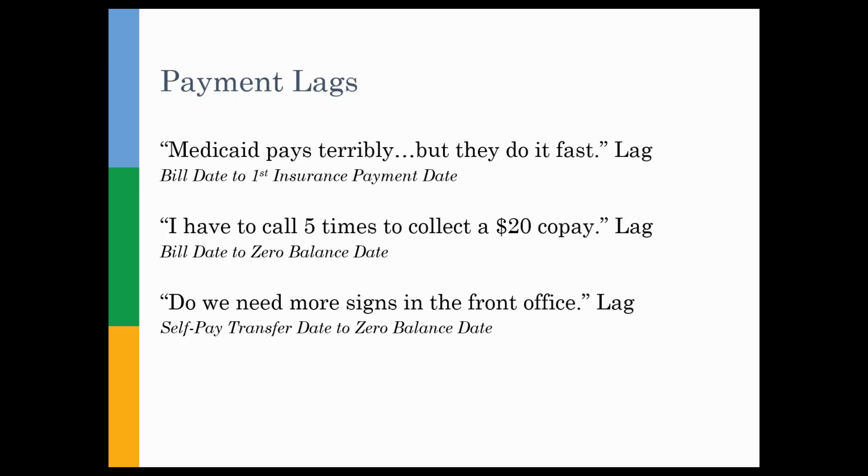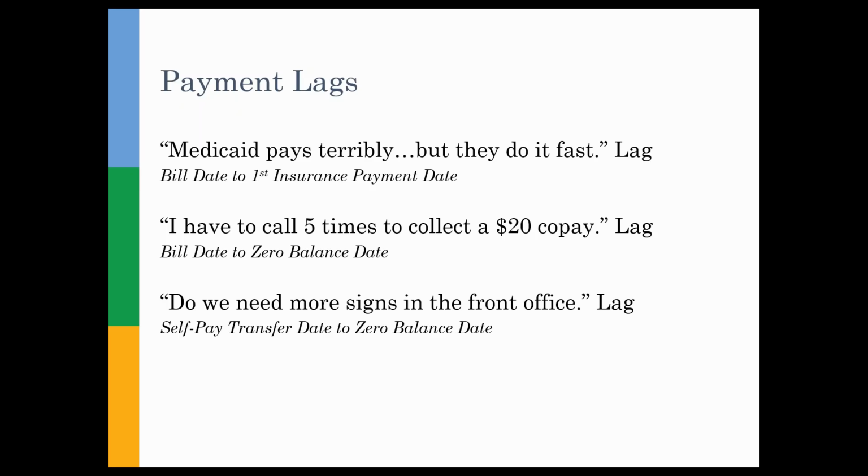So is it something where we look at the time it takes the first insurance payment to come back to us, or is it something where we're struggling to actually zero out the invoice balances? And when we talk about zeroing out today, with much higher deductibles, co-insurance, and co-pays, a lot of times the length of time it takes to zero out these claims is what it takes for us to collect from the patient.